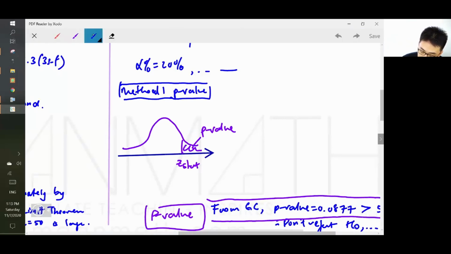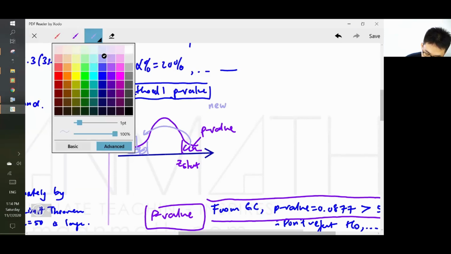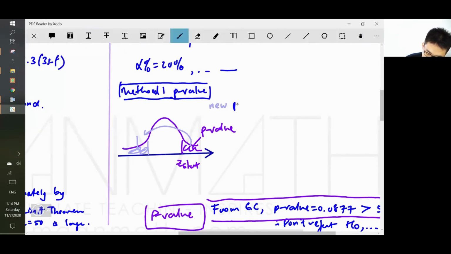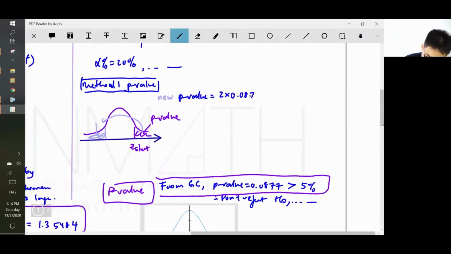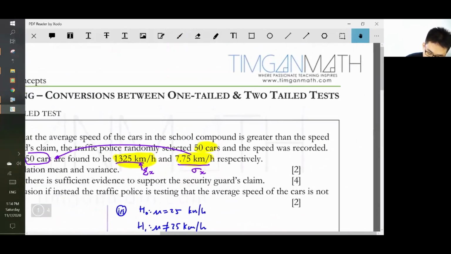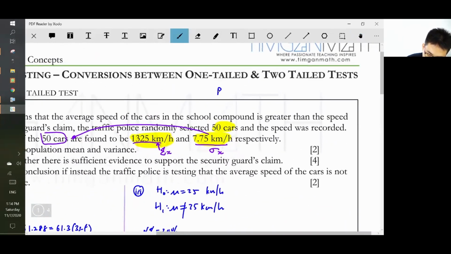But when you change it to two-tail, your p-value will be replicated on the other side. The new p-value is actually 2 times the old p-value because it replicated. So it's 0.0877. If you want to use the p-value method, just remember the p-value for one tail and for two tail.